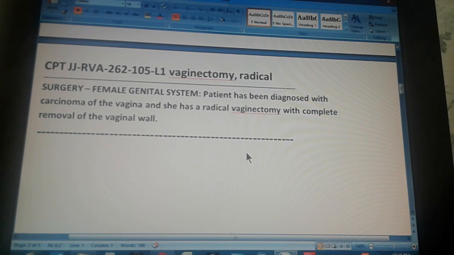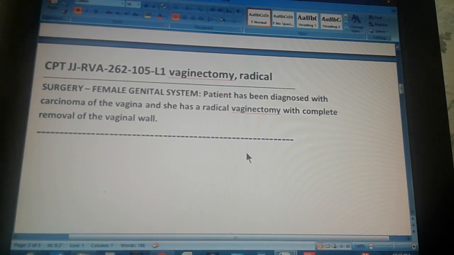Surgery, female genital system. Patient has been diagnosed with carcinoma of the vagina, and she has a radical vaginectomy with complete removal of the vaginal wall. So the patient is a lady who has cancer in her vagina. So we're going to take the vagina out, and we're going to take out also the vaginal wall. Okay? So that is the procedure.